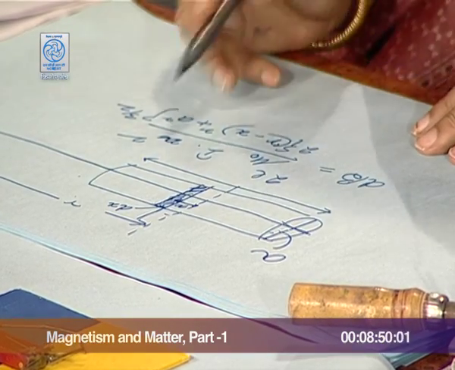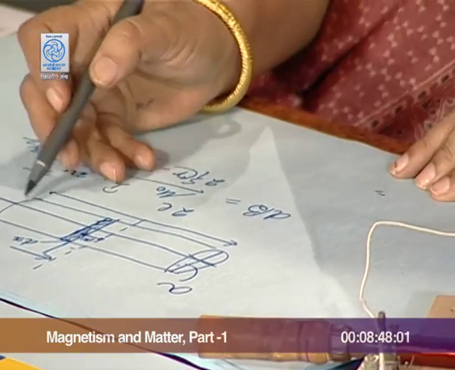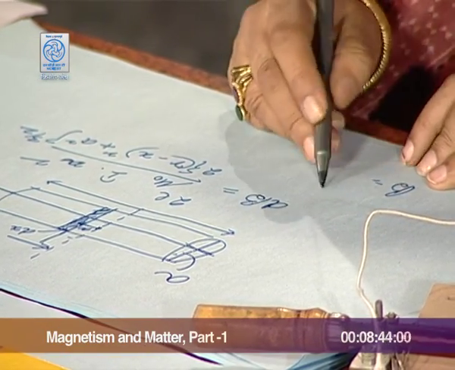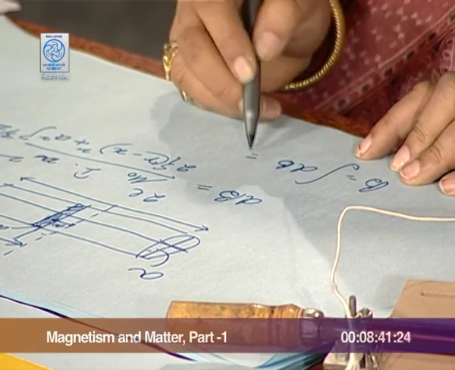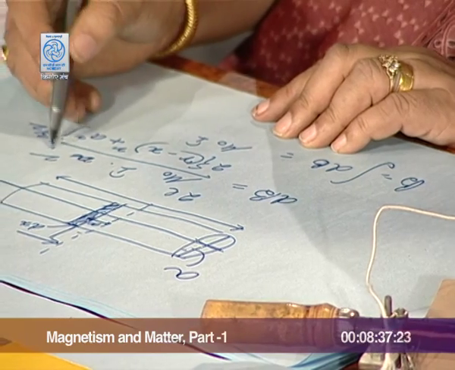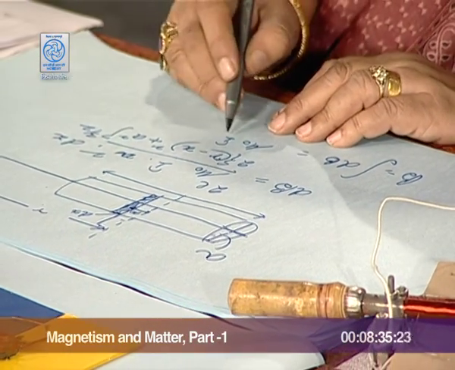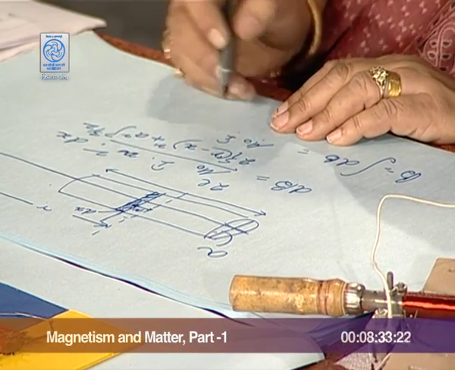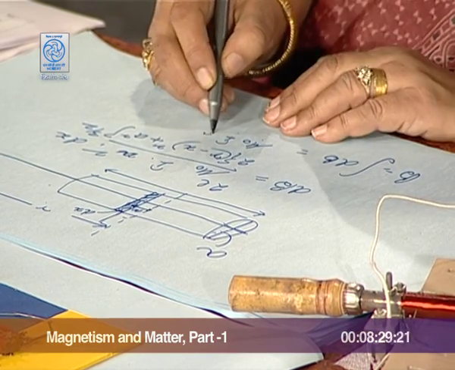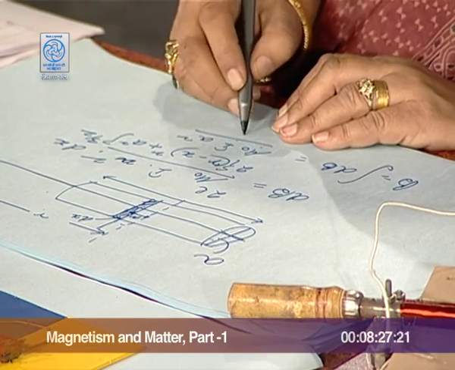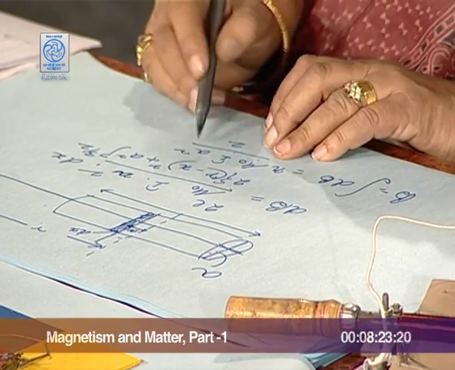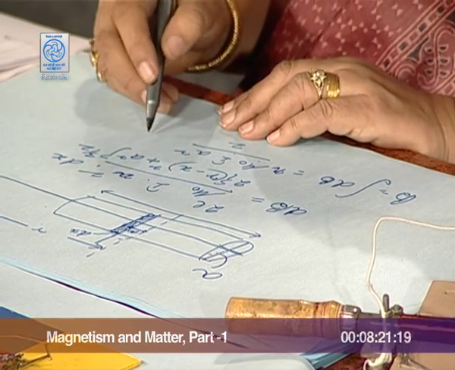Now, from here, if you were to find for the whole solenoid, then you would have to integrate it. So, the total field would be this, which would be mu naught I, we have left out the dx. So, dx should also be included, mu naught I into your a square upon 2, and if there are n turns per unit length, then you will account for that factor as well.